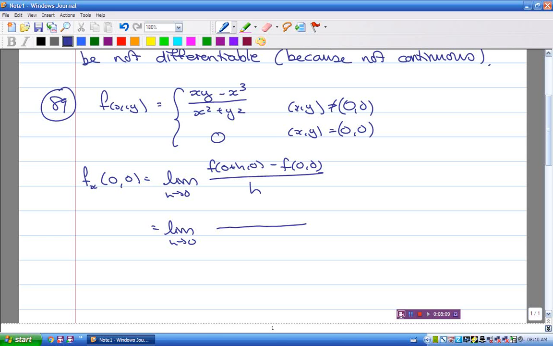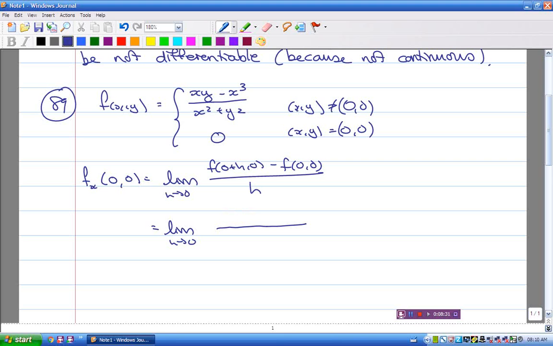That first expression in my numerator has an x component of h and a y component of 0. h is tending to 0, which means h is non-zero. So for that first term in my numerator, I'm interested in the top piece of my piecewise defined function. Let's have a look.